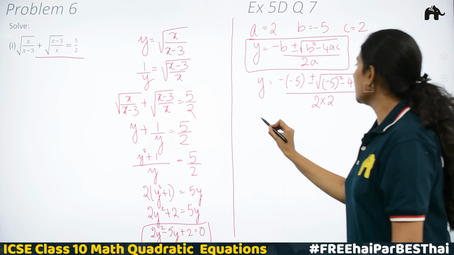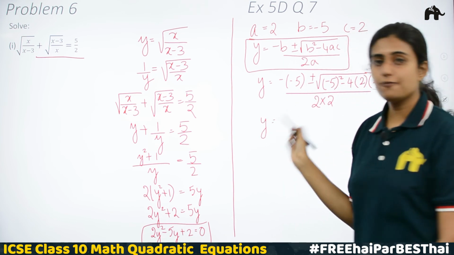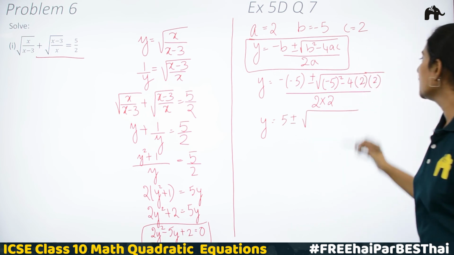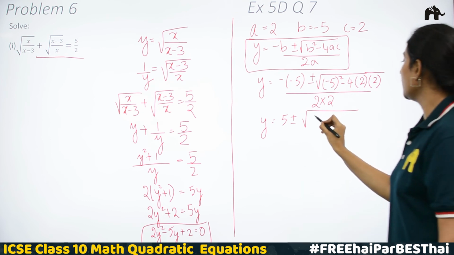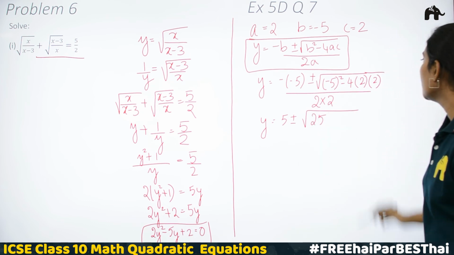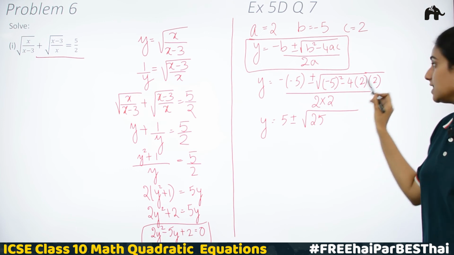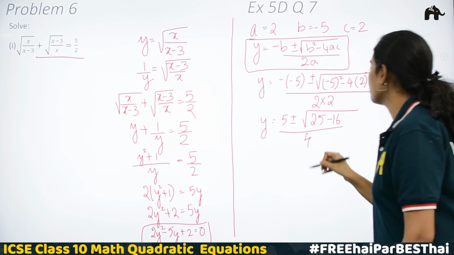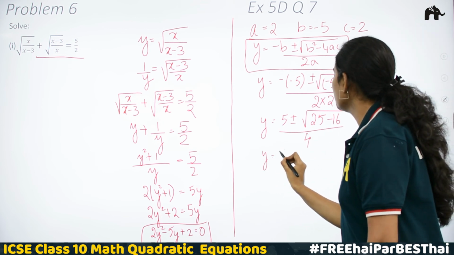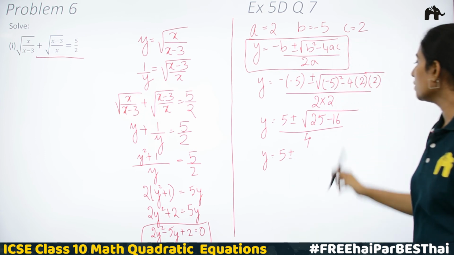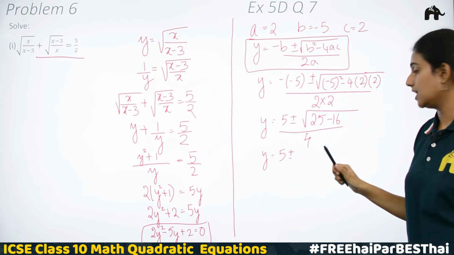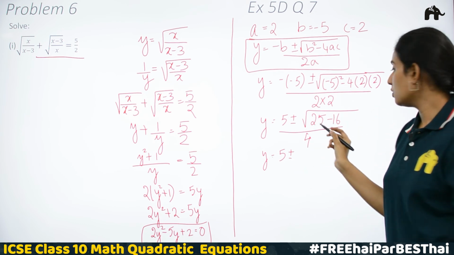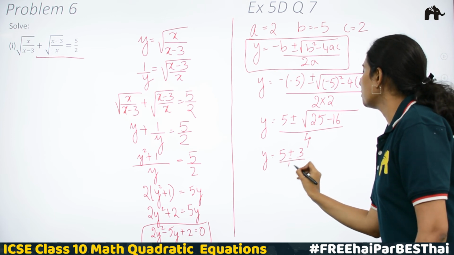Okay, y is equal to minus of minus 5, that is 5, plus or minus root of minus 5 whole square, that is 25, minus 4 into 2, 8, 8 into 2, 16, that is minus 16, divided by 4. y is equal to 5 plus or minus root of 25 minus 16, that is root of 9. 25 minus 16 is 9. What is root 9? Root 9 is 3, divided by 4.